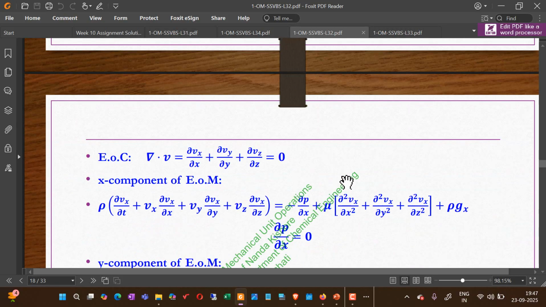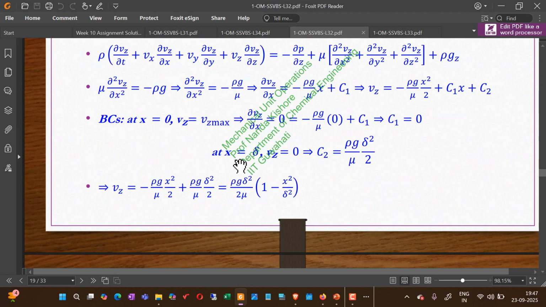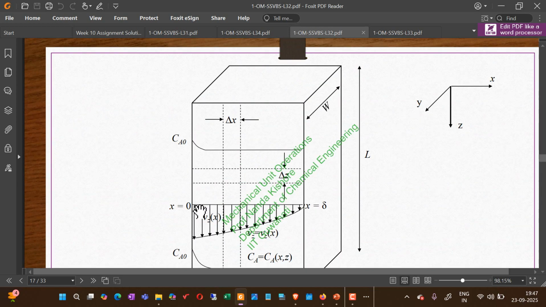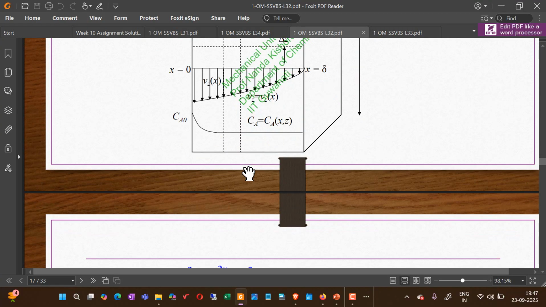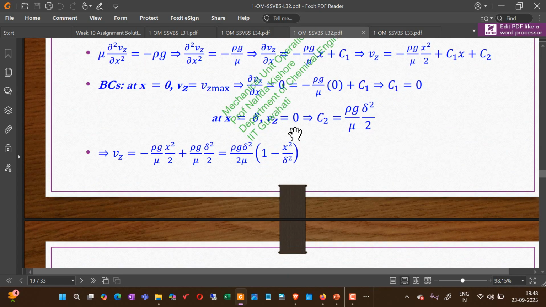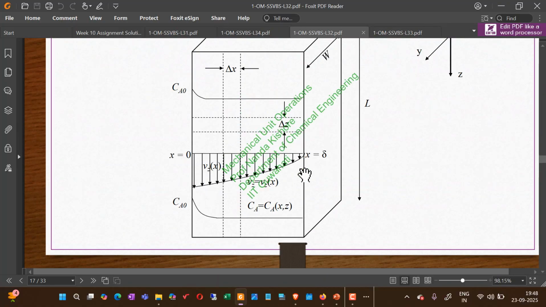At x equals delta, Vz equals 0. Delta is the film thickness.